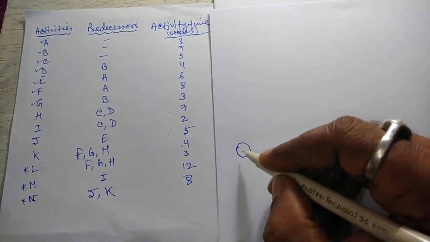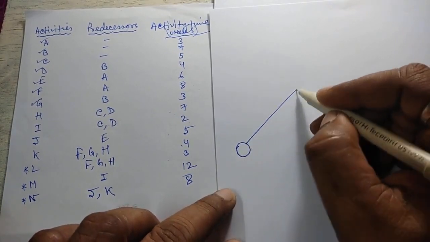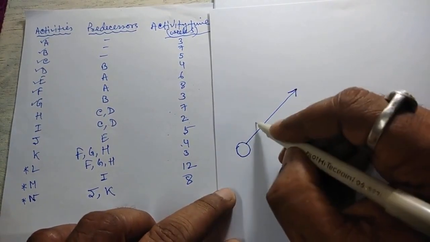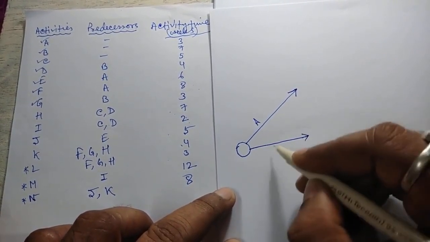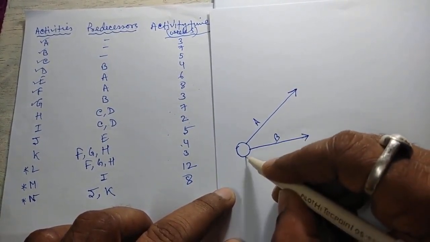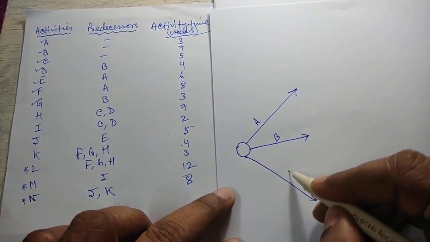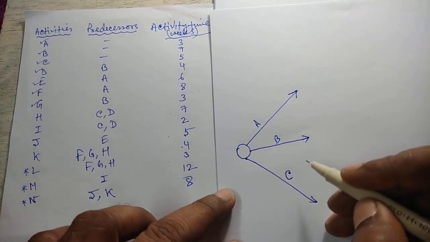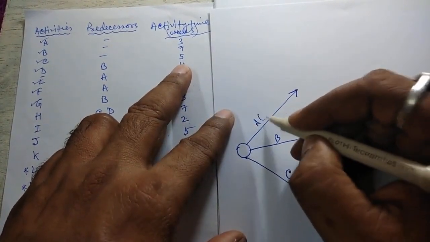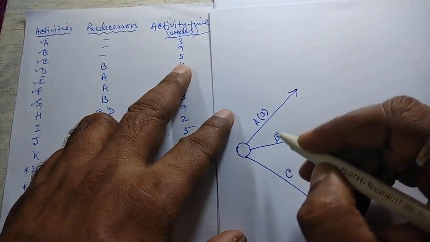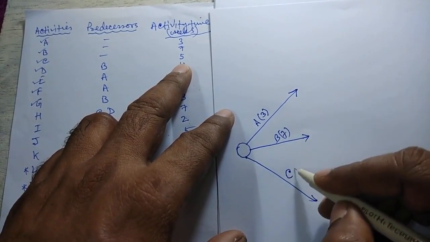From this node, 3 activities will start: activity A, activity B and activity C. Their corresponding activity times are given. So we write here in this way: A 3 weeks, B 7 weeks and C 5 weeks.